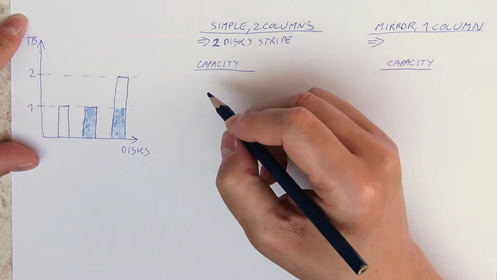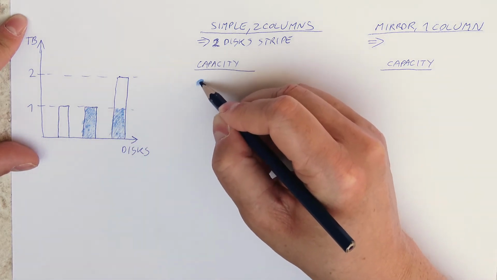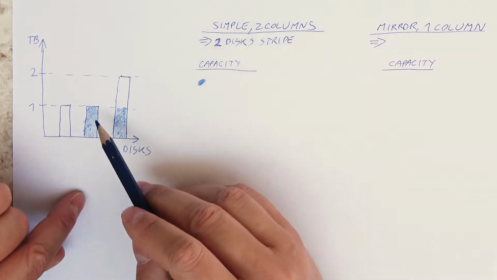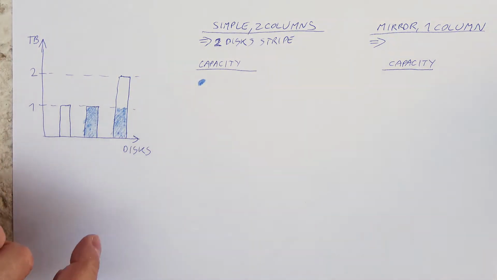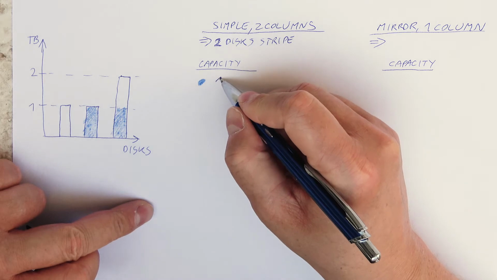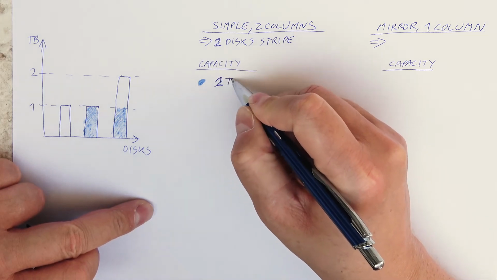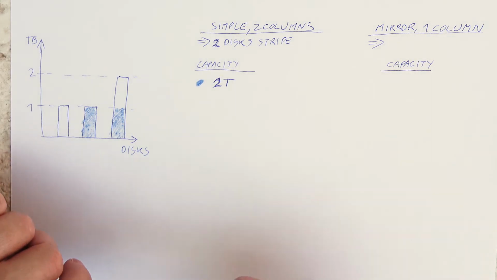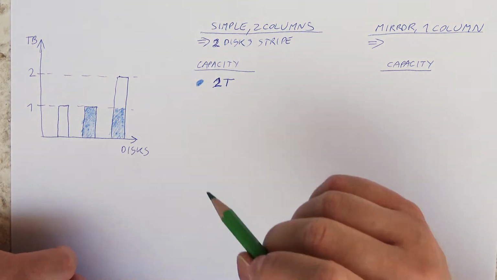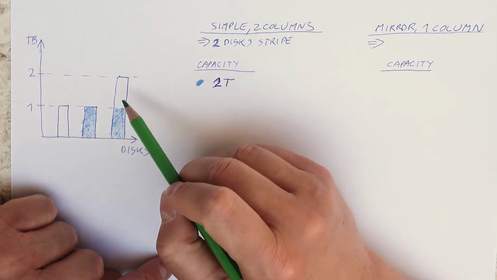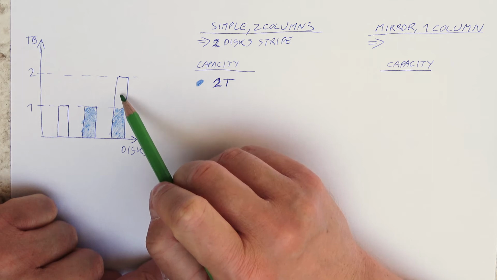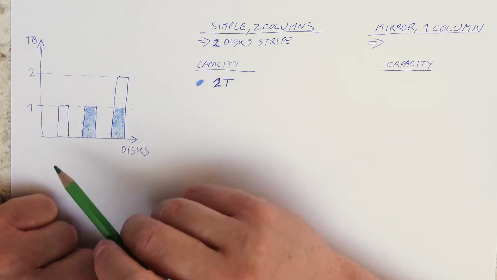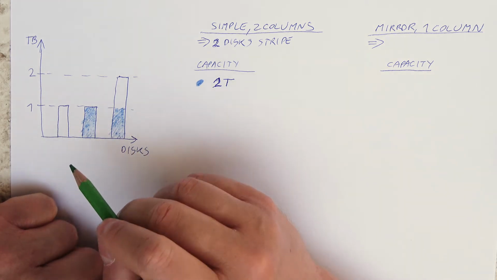So let's start. This blue color indicates allocating the first stripe. In the first stripe we have a capacity of 1 terabyte plus 1 terabyte, which in simple resiliency gives us 2 terabytes. Then let's allocate another stripe. We count free space, first, second, so 2 disks per stripe.